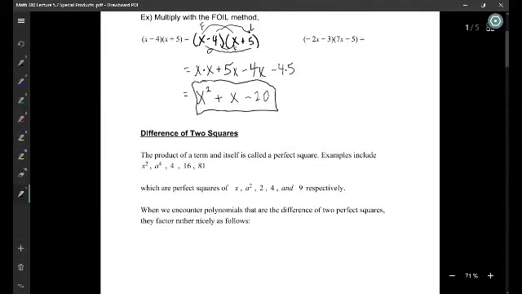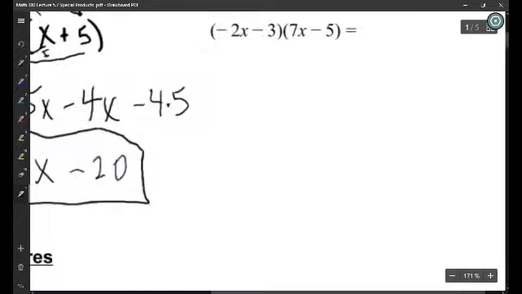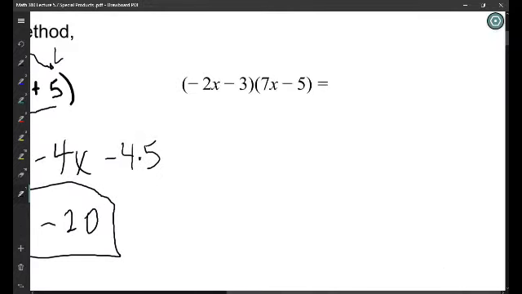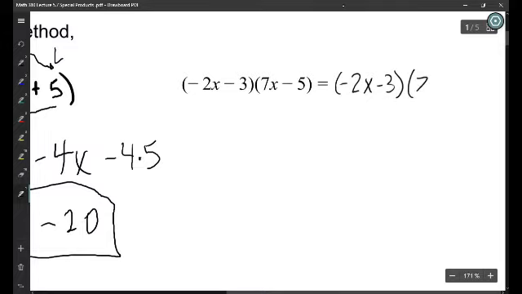So we have negative 2x minus 3 as a quantity times the quantity 7x minus 5.